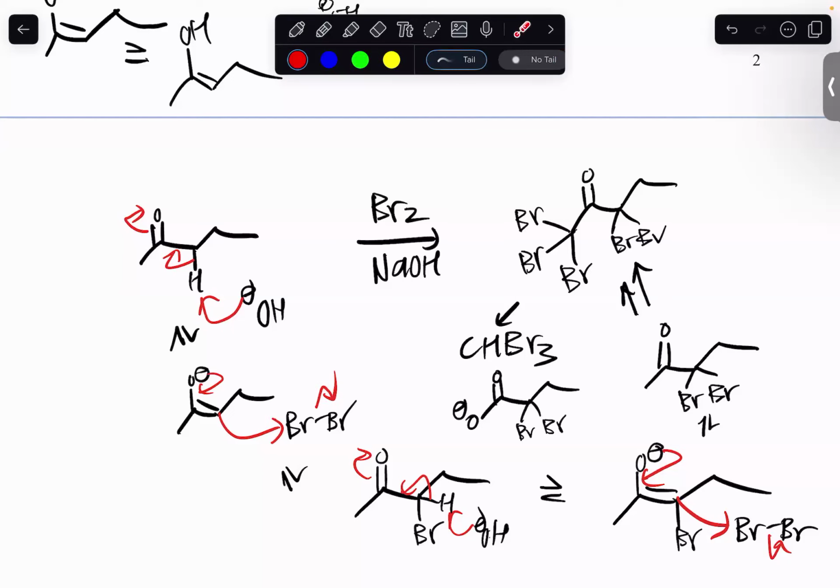The haloform reaction mechanism. Let's see.